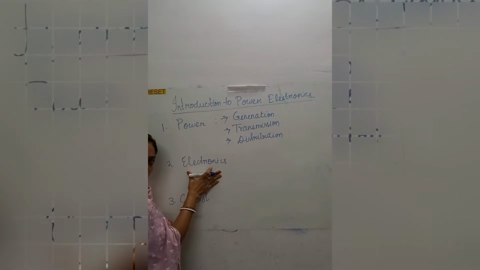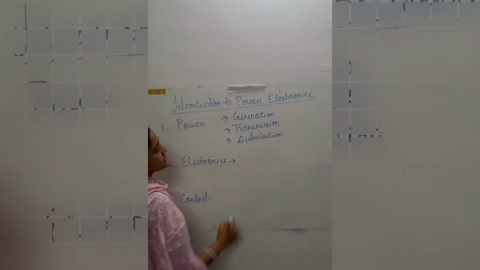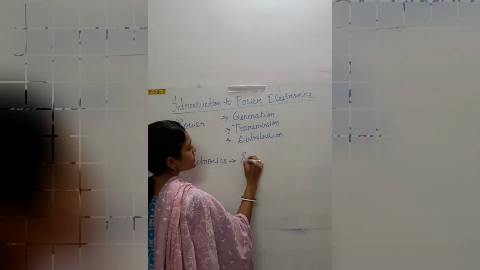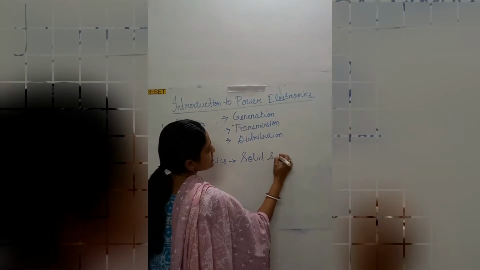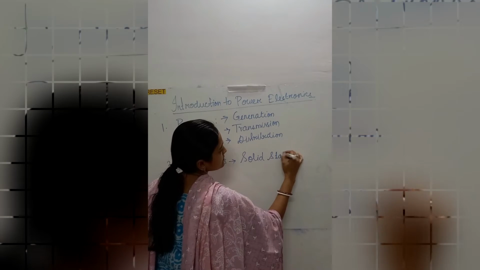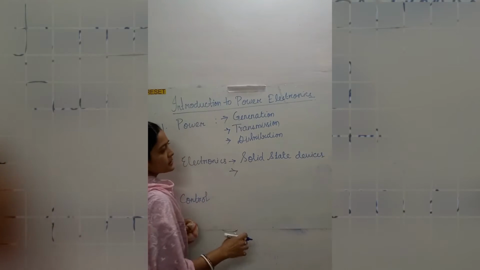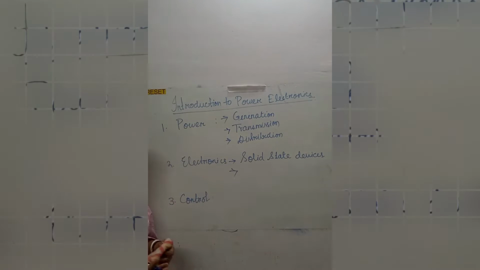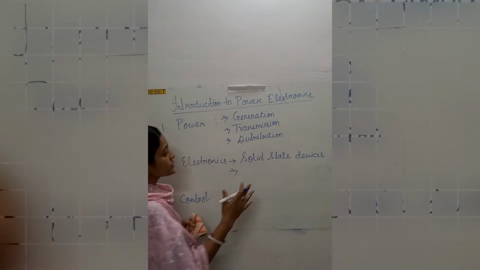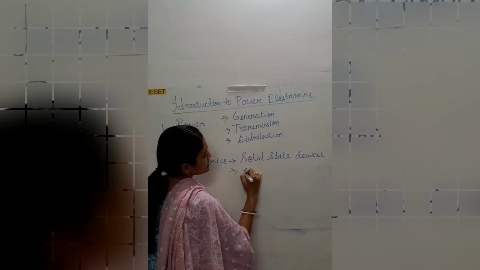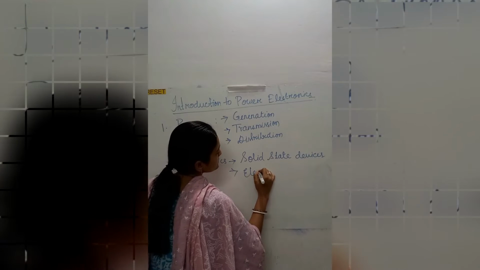And when it comes to electronics, the second part, we need to know about solid state devices. Then where to use these devices: the circuits. So we need to know about the electronic circuits.